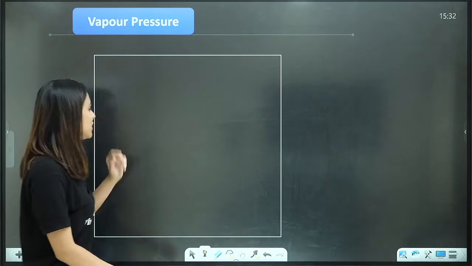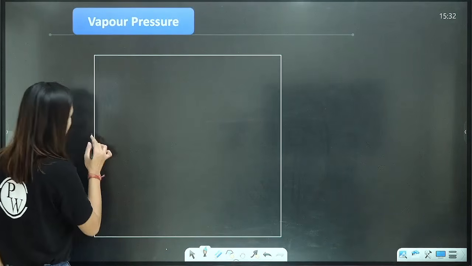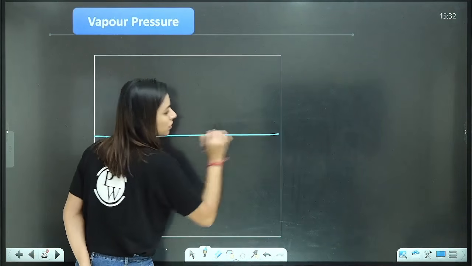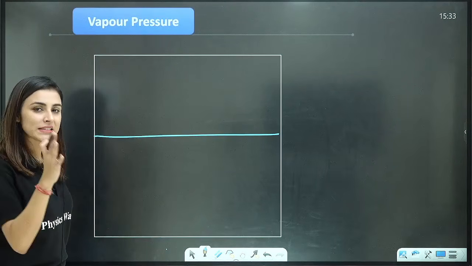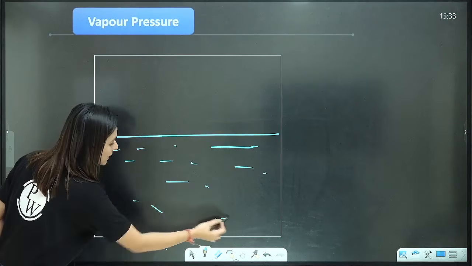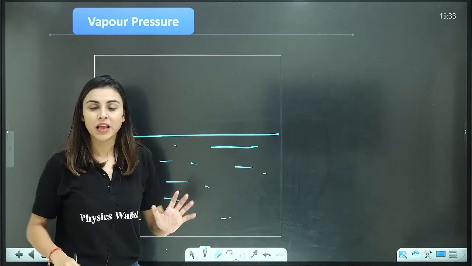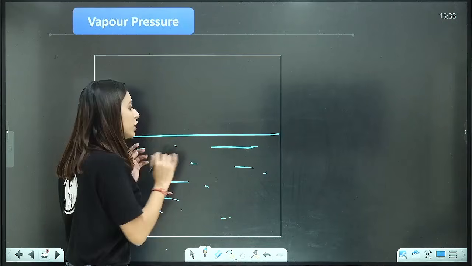What you have to imagine is that this is your jail. Basically, this is water, in a closed container. Now, imagine this water to be a jail.